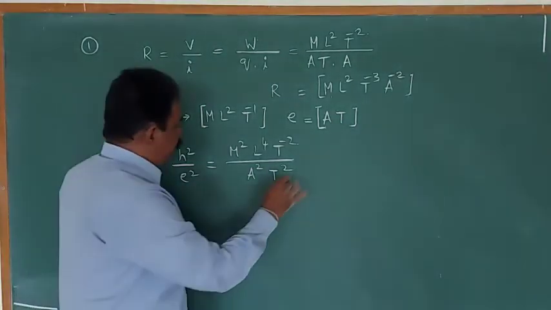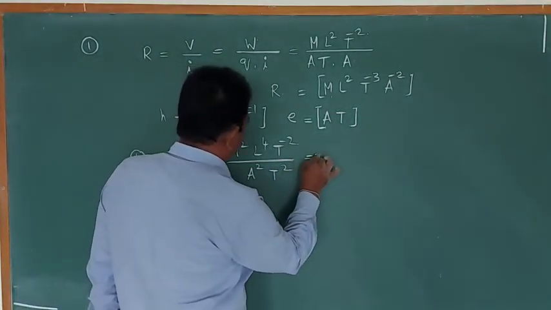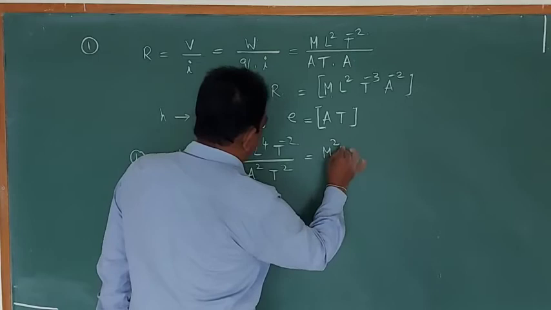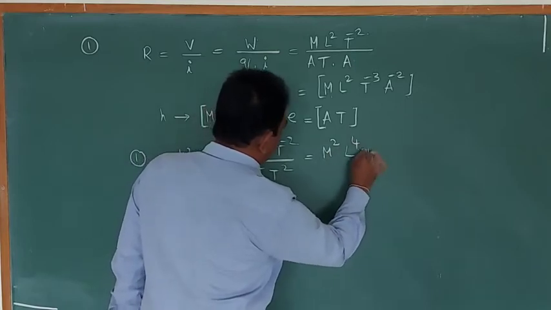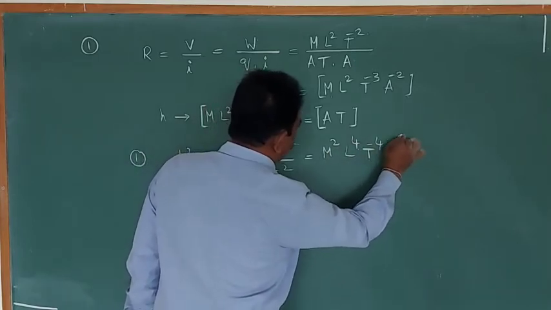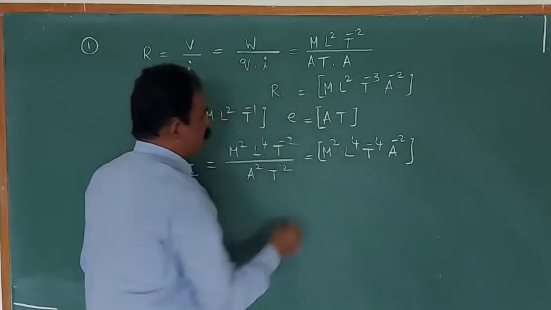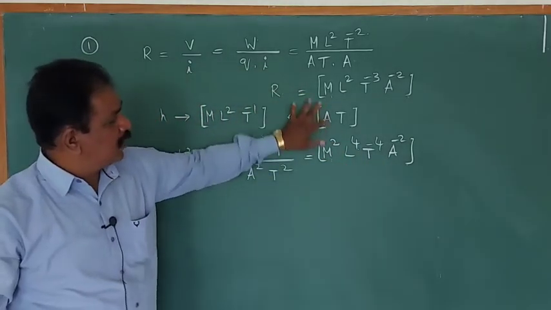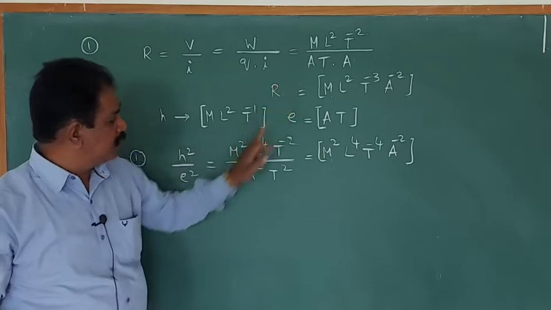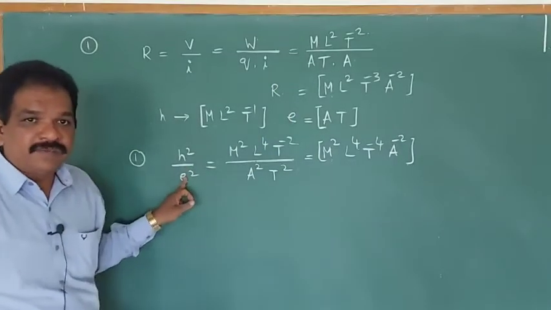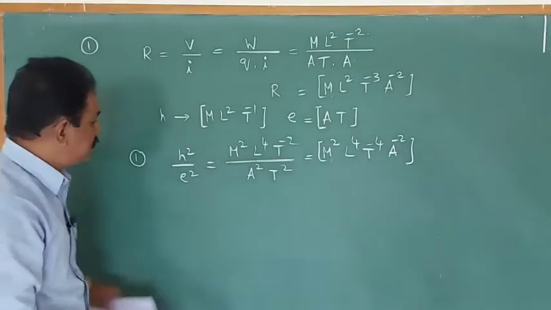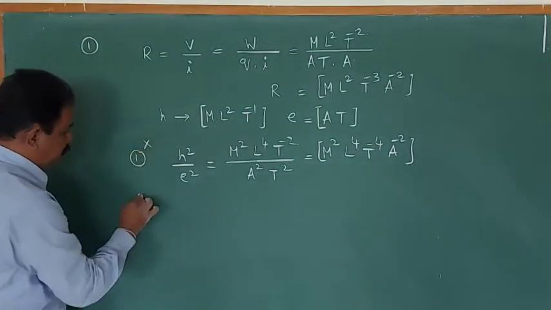So this value, how much then? M square L power 4 T power minus 4 A power minus 2. Are these two having the same dimensions, resistance and h square by e square? No. So this is not the answer.